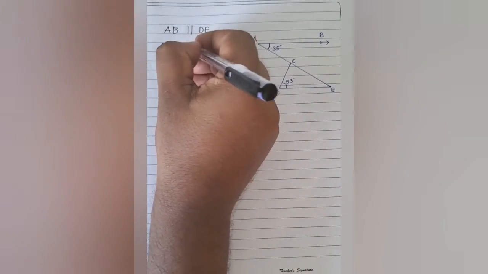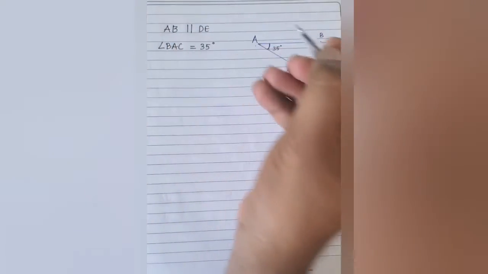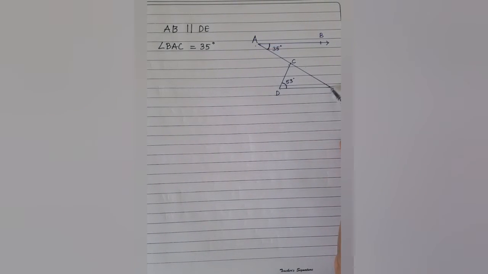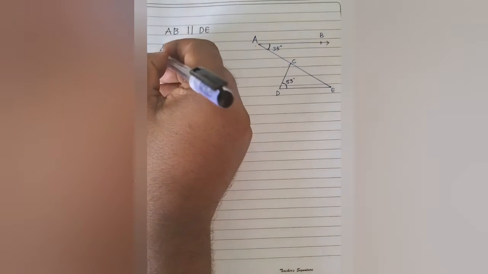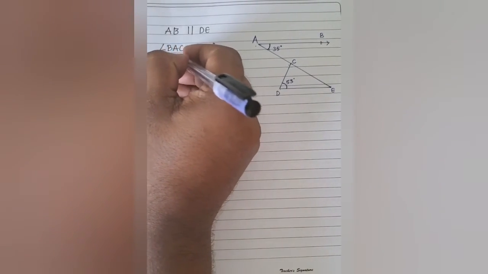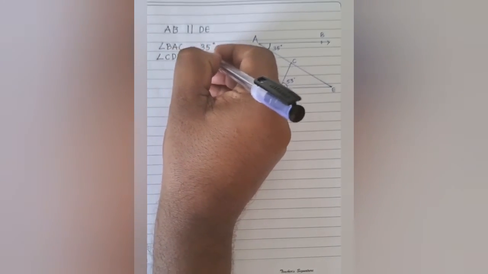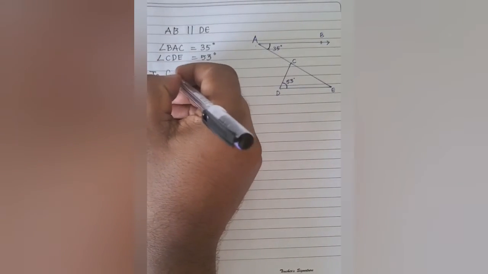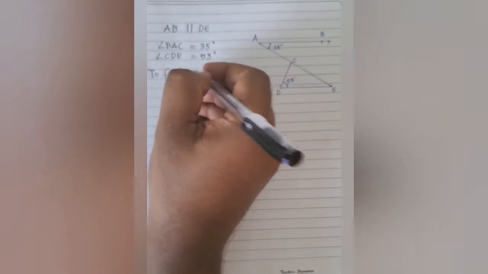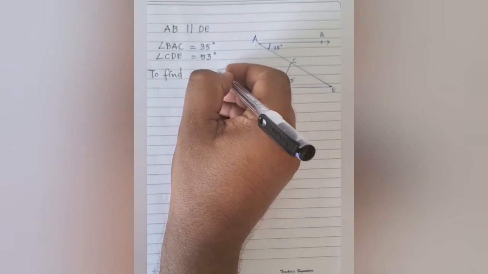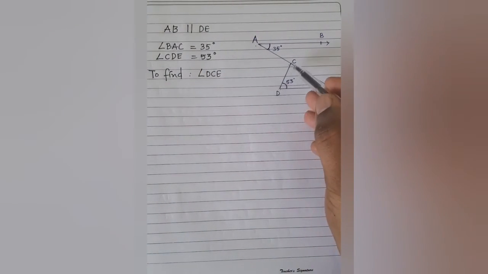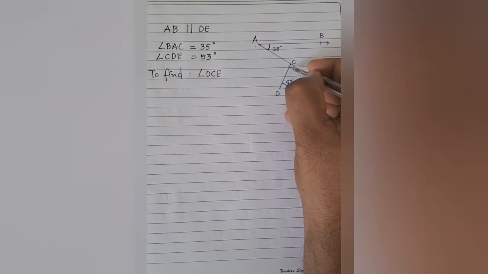Also, angle CDE is equal to 53 degrees. We have been asked to find angle DCE. So where is angle DCE? We have been asked to find this angle.